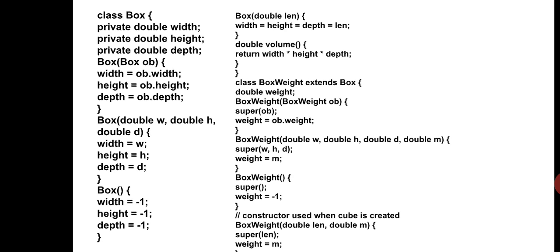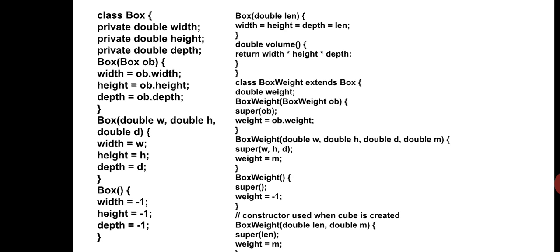Now after that you are using weight equal to m. Whatever the m value is, that will be assigned to the weight variable. Now you have one more constructor, the default constructor, which will call super. Inside that you are calling super, so the default constructor of class Box will be called.